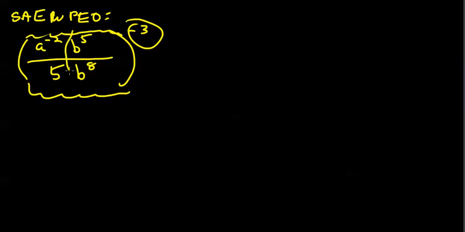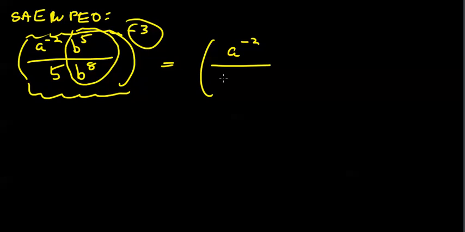Because I see b to the 5th over b to the 8th, that reduces to b cubed, a factor of b cubed in the denominator. Now you might debate about which path to take next.